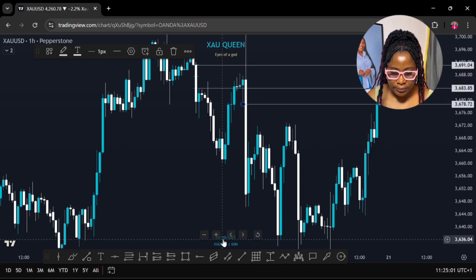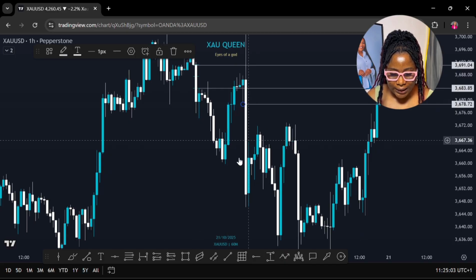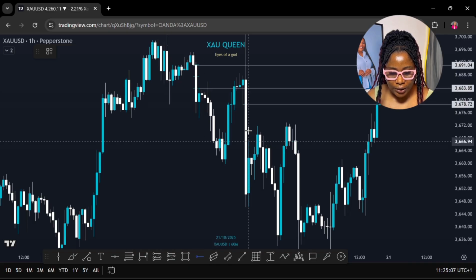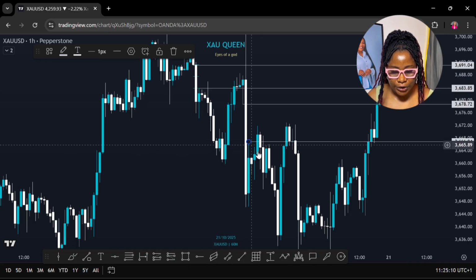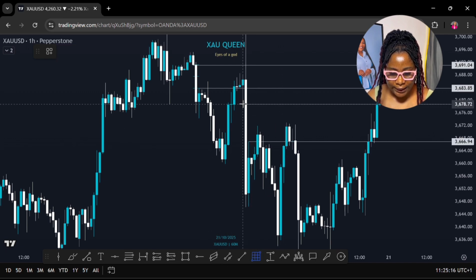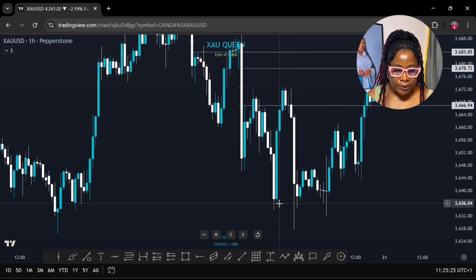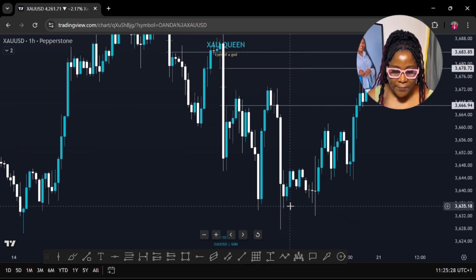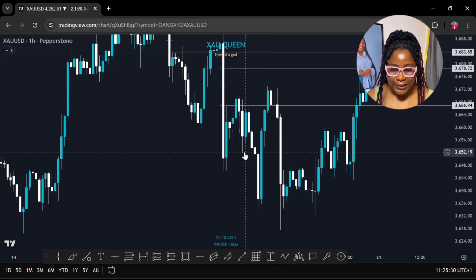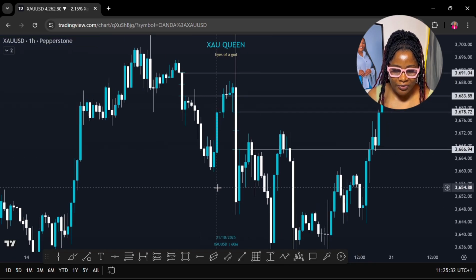Make sure that the wicks of the first and third candles are not touching. You can see price tapped into it and it sold yet again. This one tapped into the consequent encroachment and then it sold, taking out the low. All these are highlighting valid FVGs.